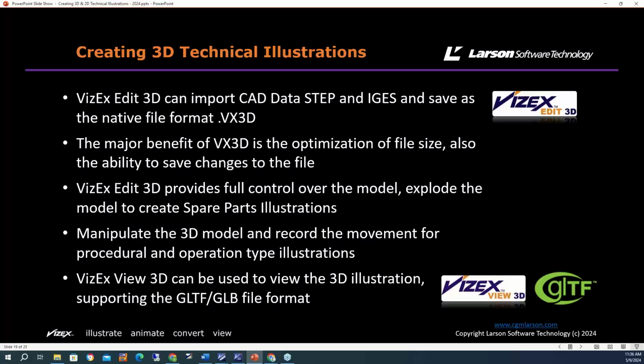So you can't really save to Step. We're not a CAD system. So we also want to make the file smaller. So that's why we created this native file format. So we only really use it for internal use. And the benefit is it optimizes the file size, and anything you do to the file is saved.